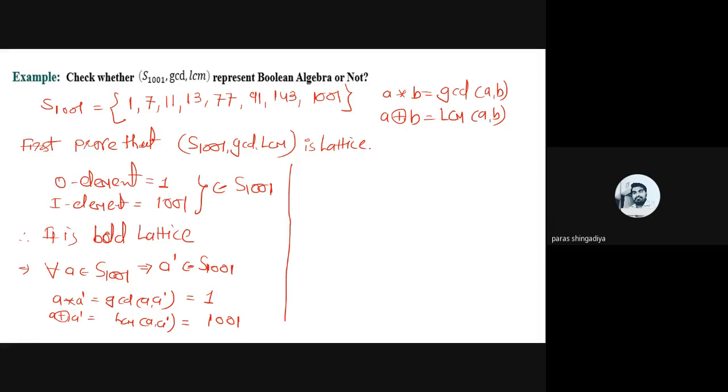तो फर्स्ट नंबर हमारे पास है 1 dash, ठीक है, 1 का कॉम्प्लीमेंट. 1 का कॉम्प्लीमेंट क्या होगा? वी हैव द चॉइस देयर 7, 11, 13, 77, 91, 143 and 1001. These are the choices.